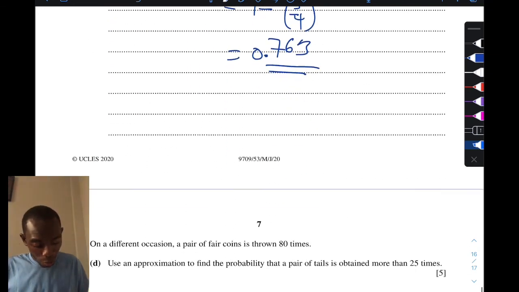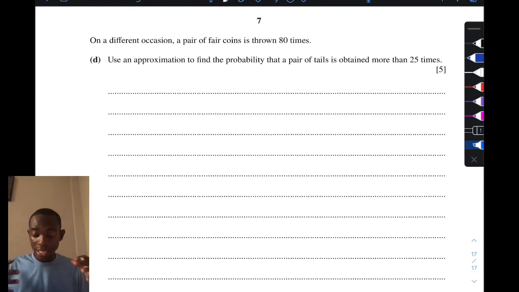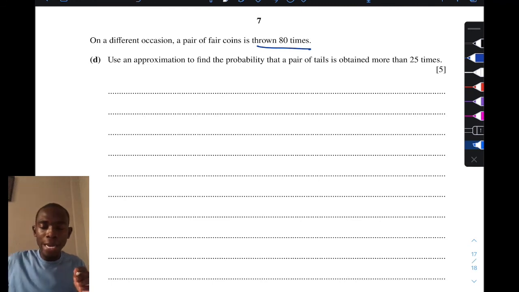Okay, now this is the D part, the part that I really want to solve. That's why I was rushing through this. It says that you are trying the thing 80 times. Now I forgot to tell you something: under the binomial, when n is more than 20, we use the normal to approximate these things. And 80 is definitely more than 20.